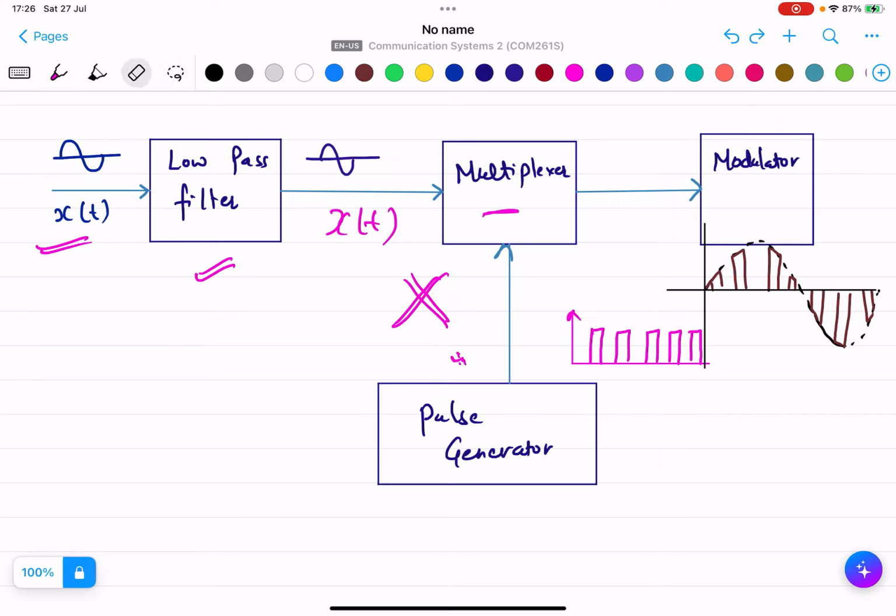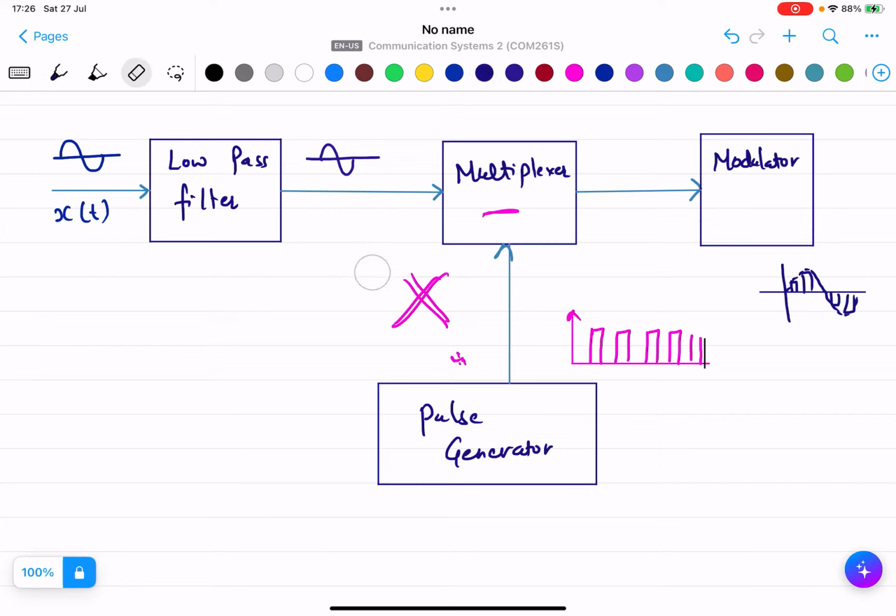So I will receive this waveform like this. This is a PAM waveform. I hope you understand this.